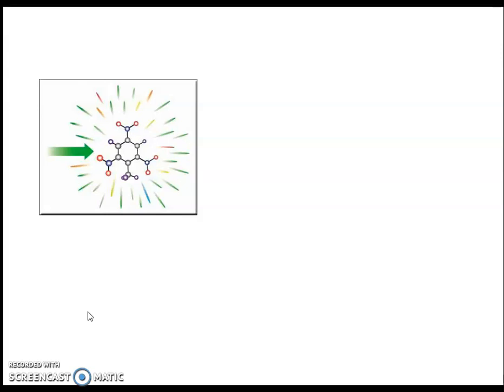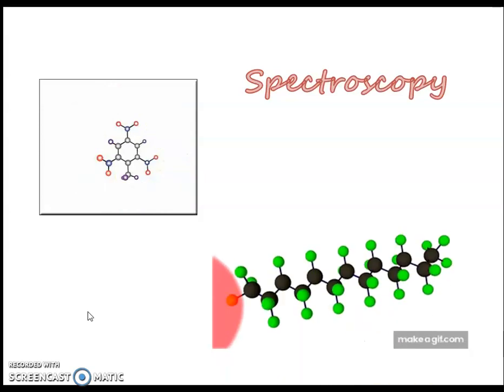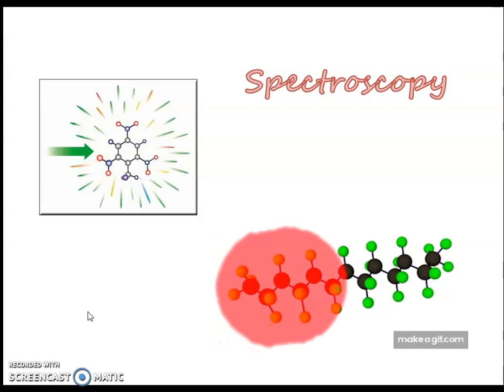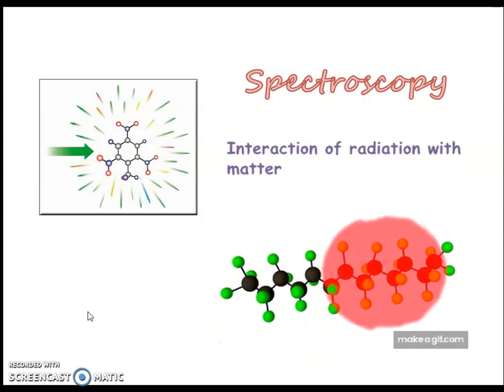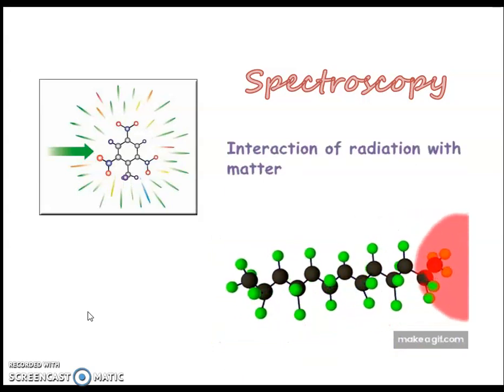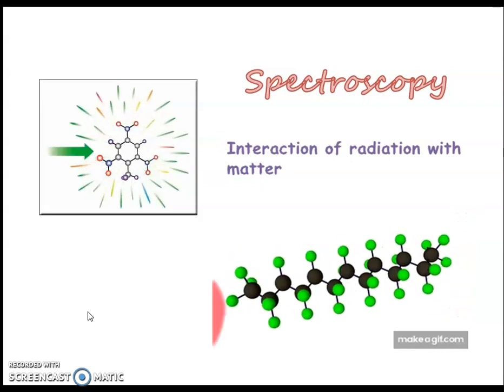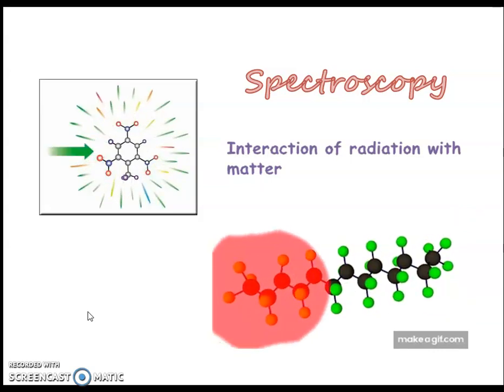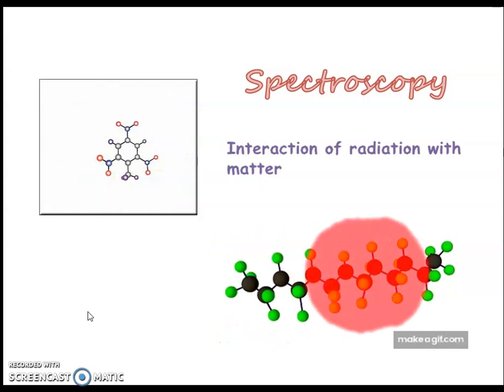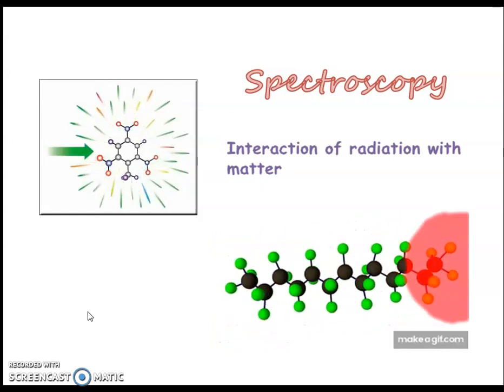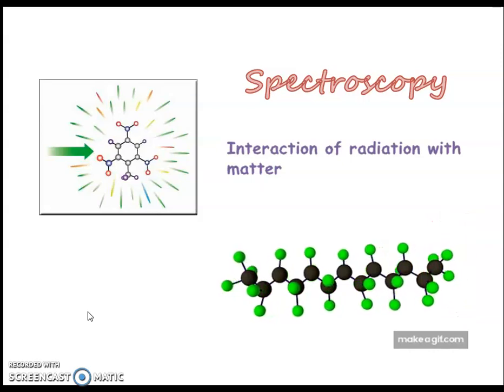Our knowledge about molecular structure is derived indirectly from the technique known as spectroscopy, which deals with the interaction of radiation with matter. In this first lecture, we will discuss the nature of electromagnetic radiation and the sort of interactions which may occur by radiations.